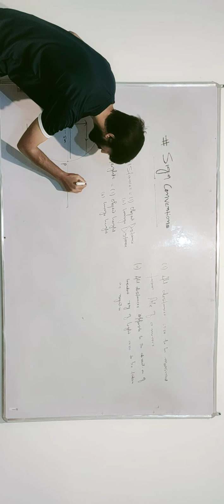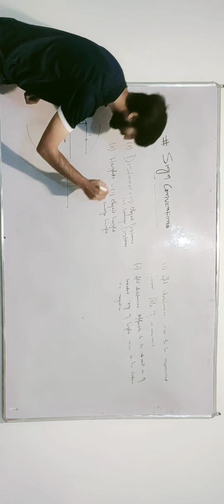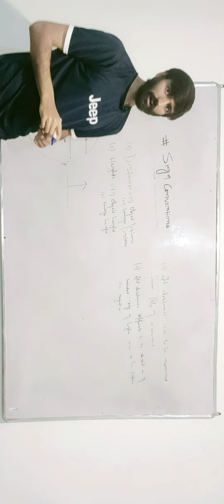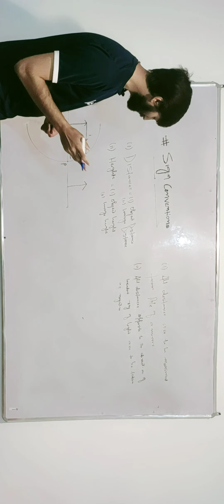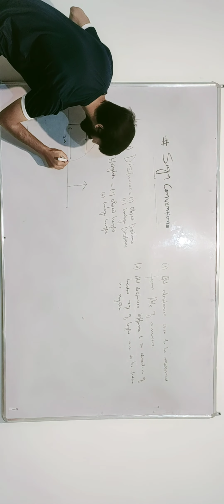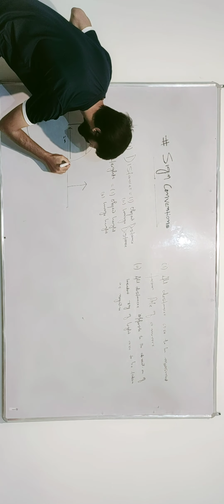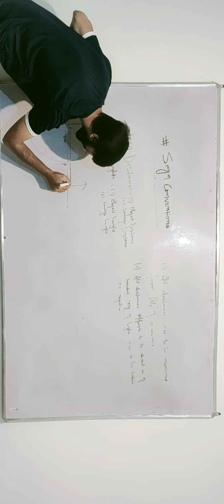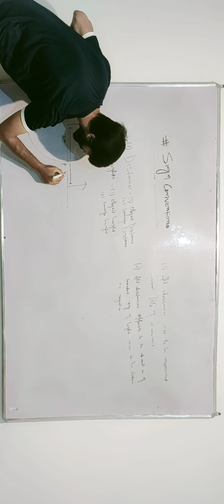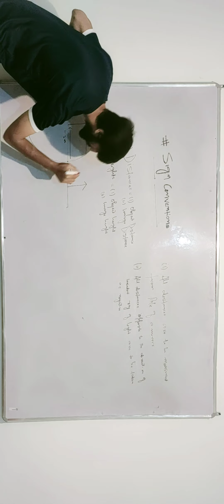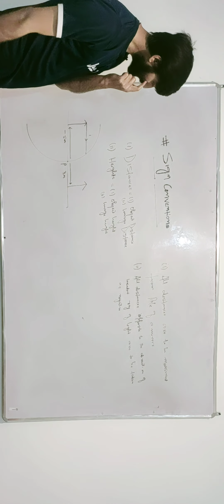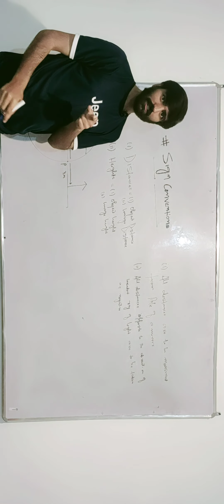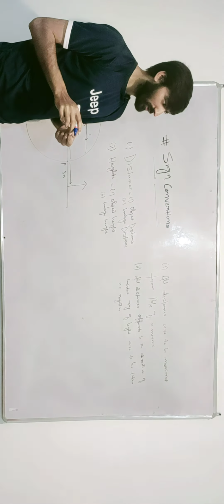Now let's assume my image is formed here behind the mirror, and I am asked to measure the image distance. I will simply measure it from the pole, from left towards the right. Let's assume it is 3 meters away from the mirror. Will this distance be positive or negative? This will be decided by convention number 2.